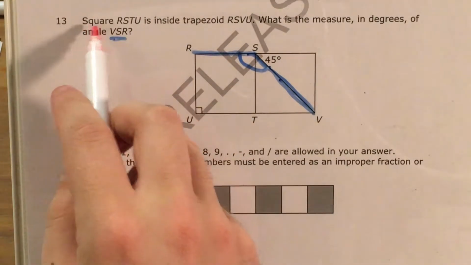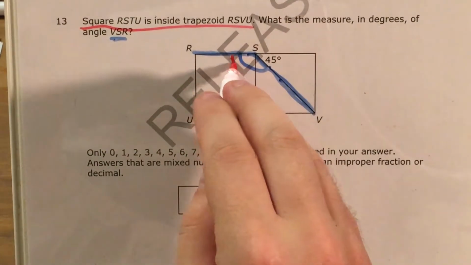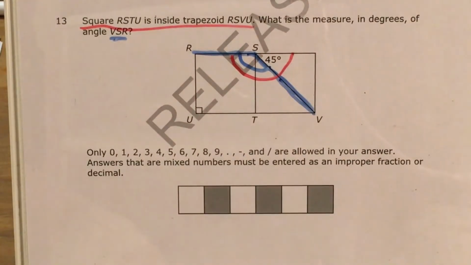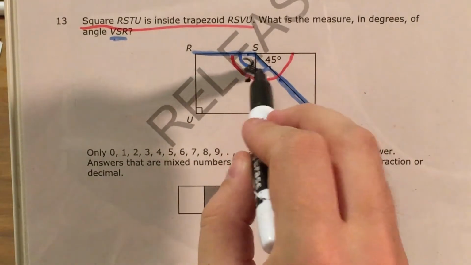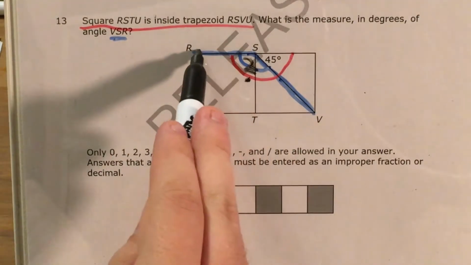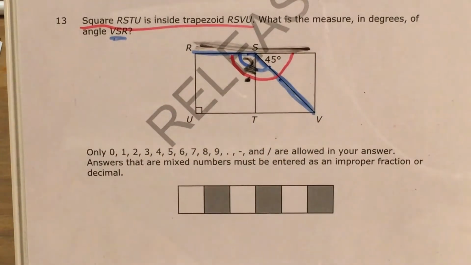So this angle here is made up of these two lines. Now, we hardly even need the information that the square is inside the trapezoid. All we really need to know is that this is just one line. And so what that tells us is that this angle VSR that we don't know, plus this 45-degree angle, equals the number of degrees on one side of a straight line, which is in fact 180.